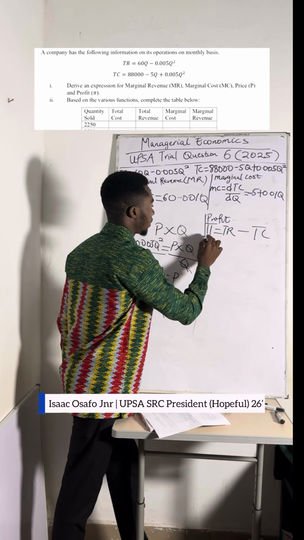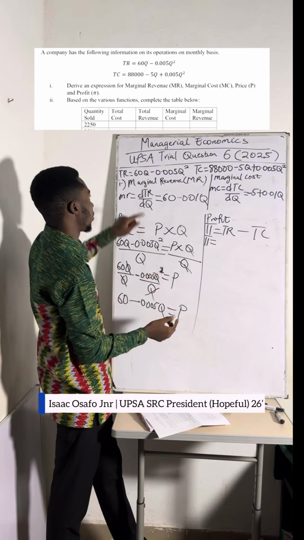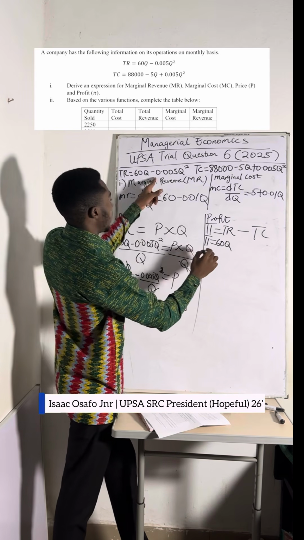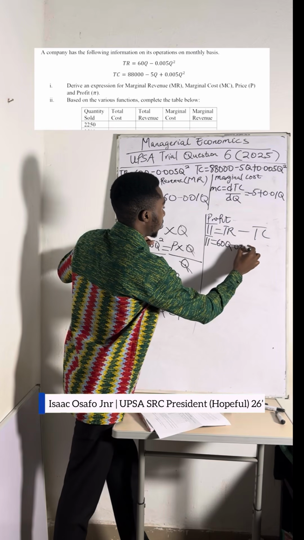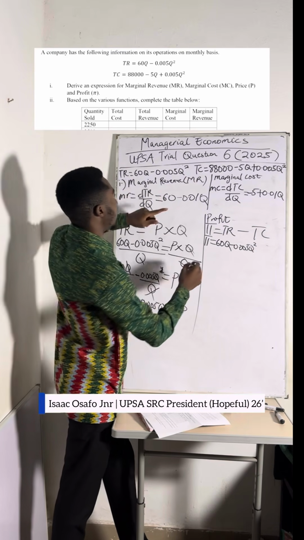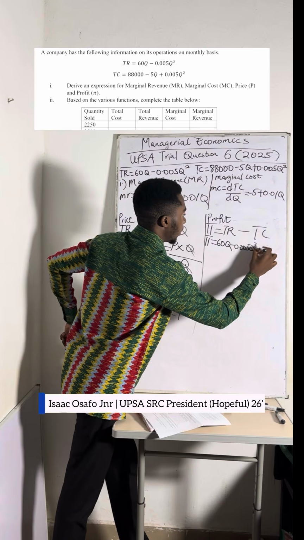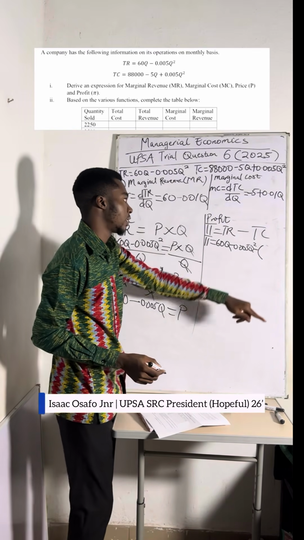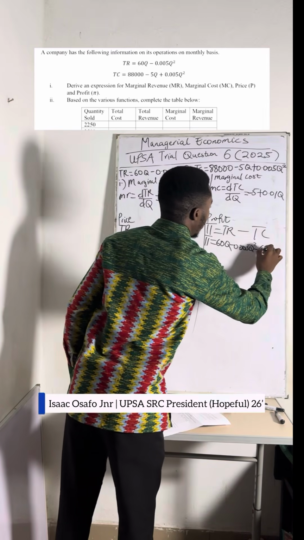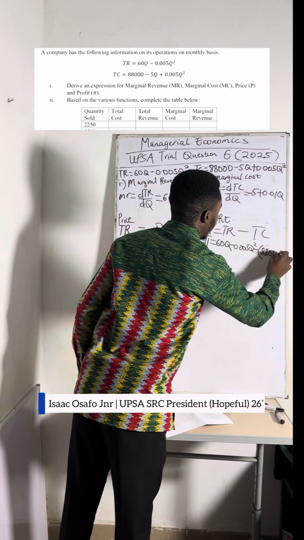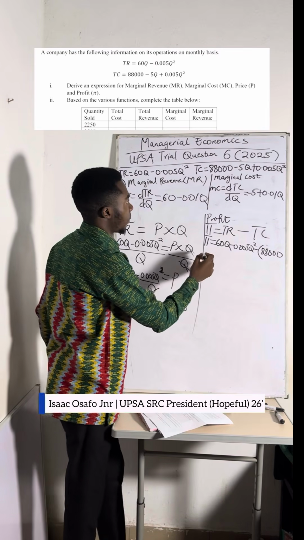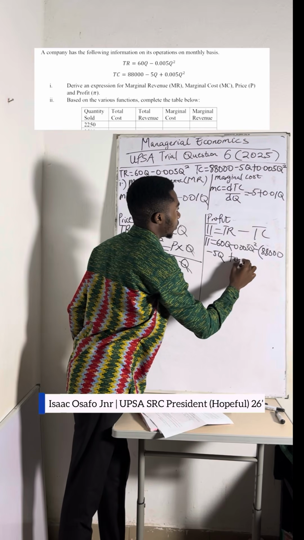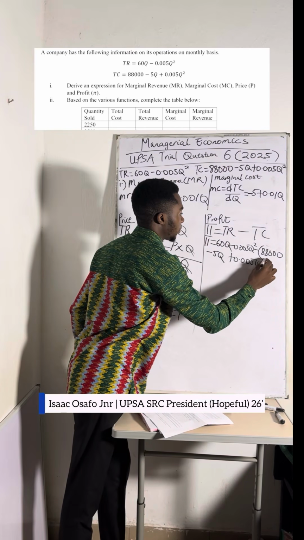So our profit is equal to our total revenue function, which was already given to us in the question, which is 60Q minus 0.005Q squared, minus the total cost. The total cost, we'll put in brackets since the negative is affecting everything: 88,000 minus 5Q plus 0.005Q squared. You get it?